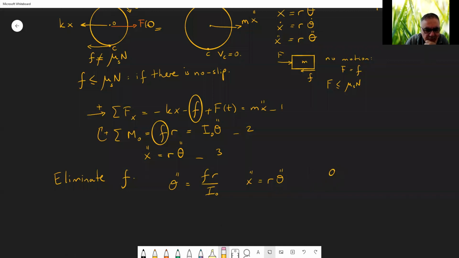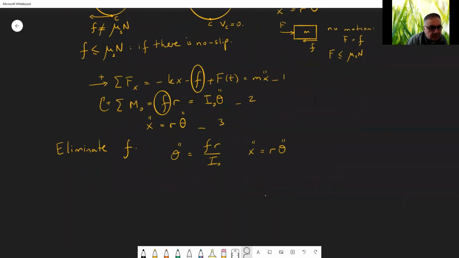Let's erase this. I'll try to eliminate theta double dot instead. So theta double dot is equal to x double dot over r. That's what I should write, right?